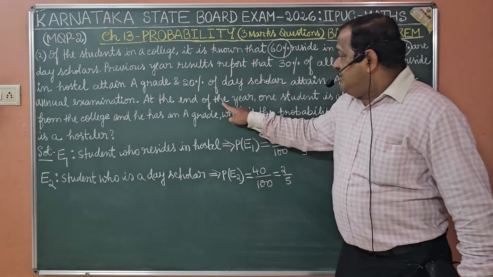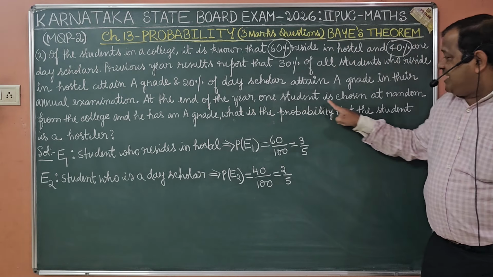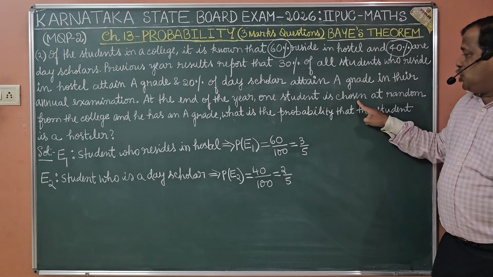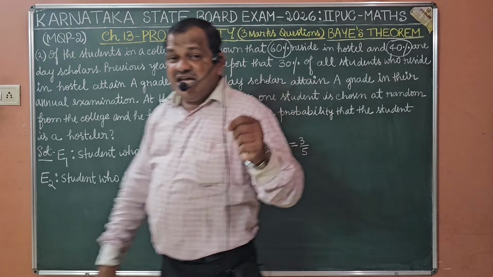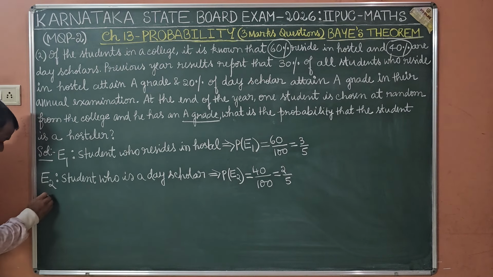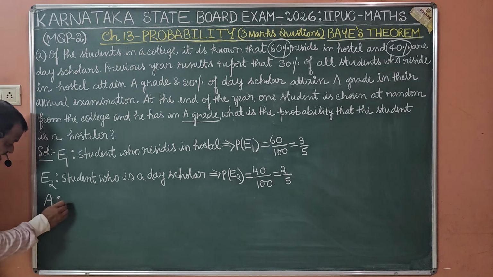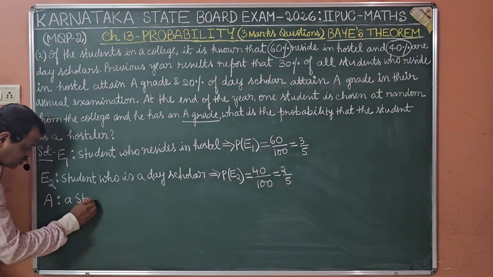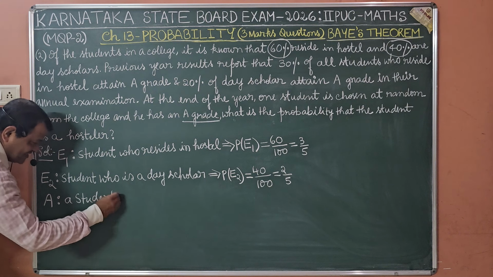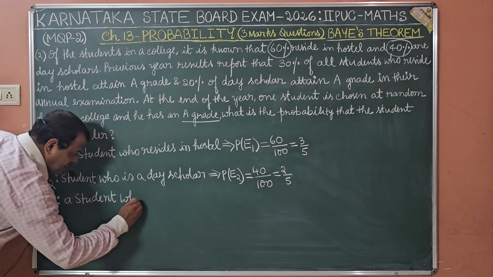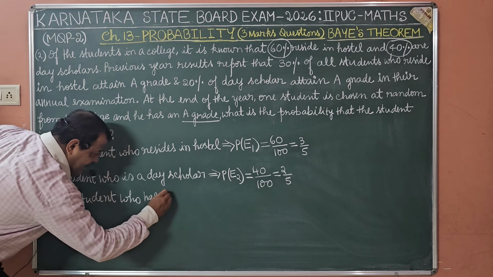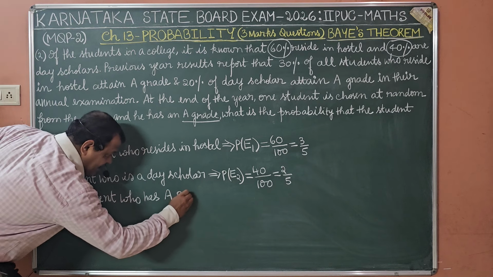At the end of the year, one student is chosen at random from the college and he has an A grade. Therefore, a student who has secured A grade is a special event A. So I will define here. Event A is a student who has A grade, who has grade A or A grade.